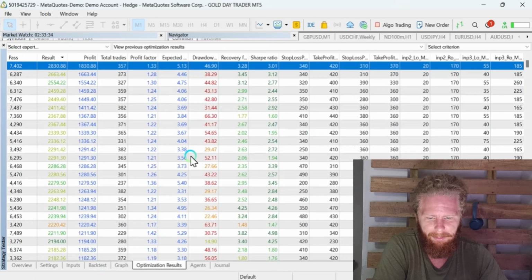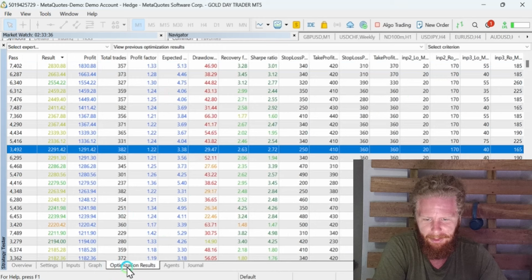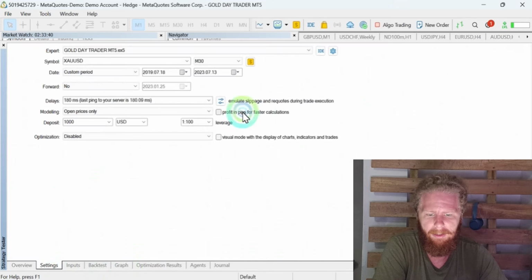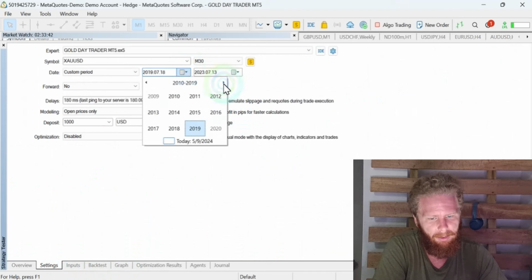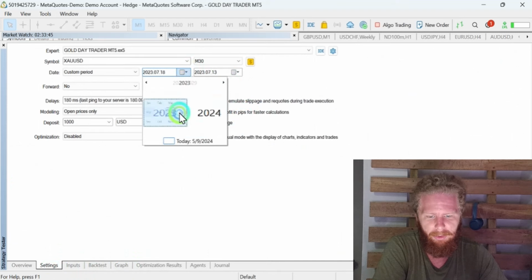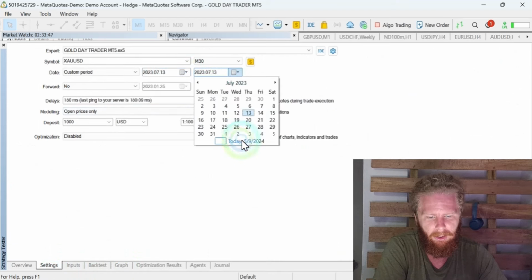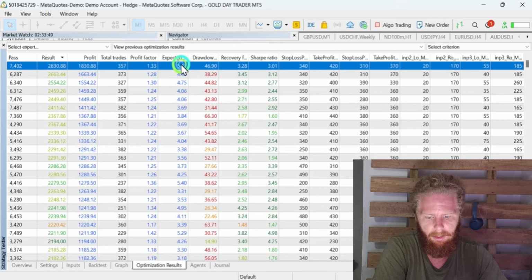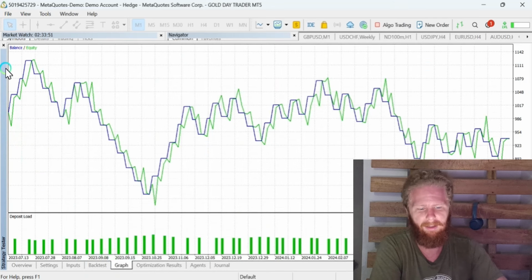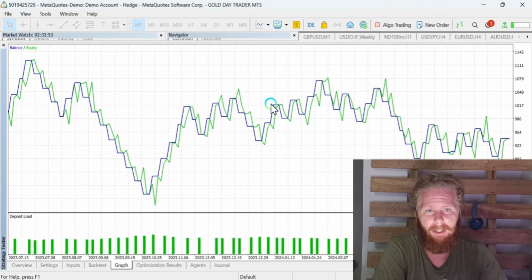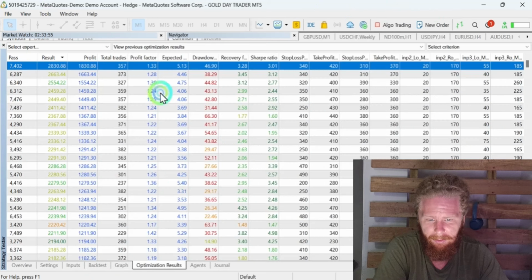It's not the best, but not that bad either. But it is doing much more trades. And now let's see the out of sample testing, if it is any good or if it is even positive. I am not sure. It could have been worse. Let's just say that.